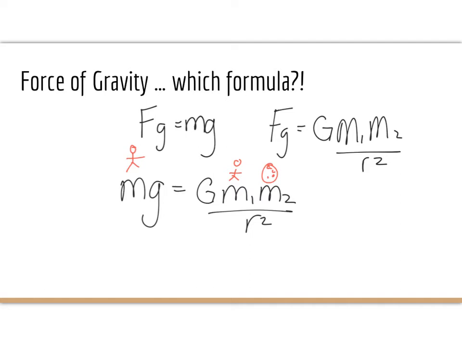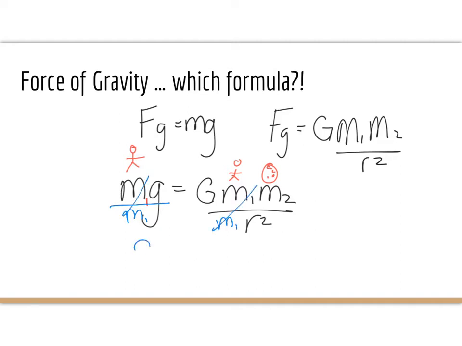If we say that m1 here was the mass of this person, and we're looking at the other side of the equation and we're calculating mg with the mass of this person, we could say that this would be m1. Because m1 appears on both sides of our equation, technically I could divide this side by m1, divide this side by m1, and they cancel.